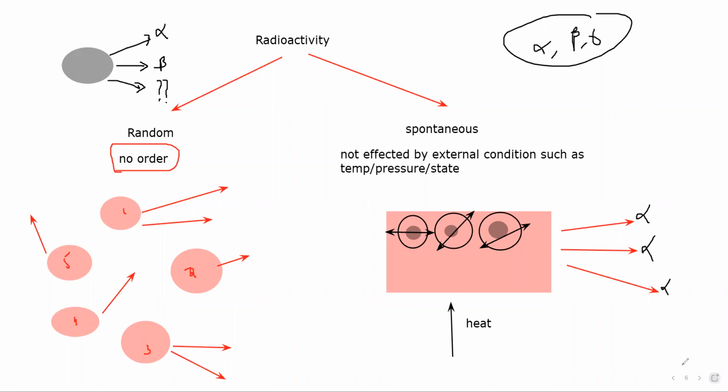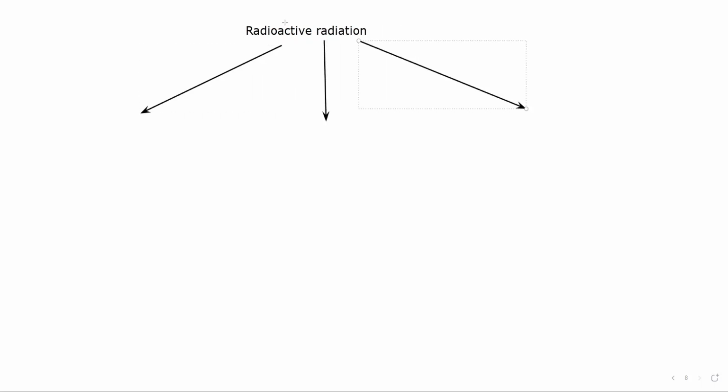Then what kind of radiation? Radioactive radiations. The 3 radioactive radiations are alpha, beta, and gamma.